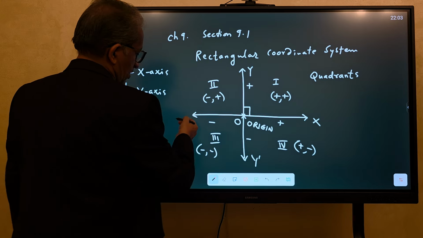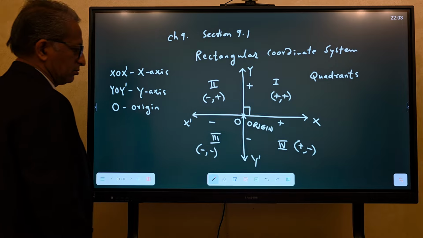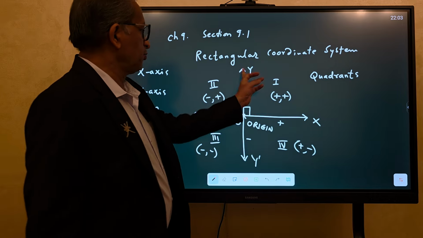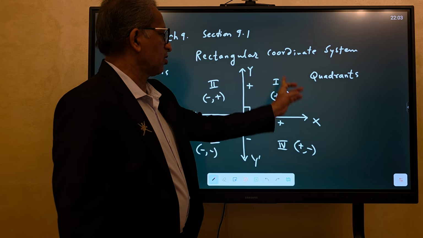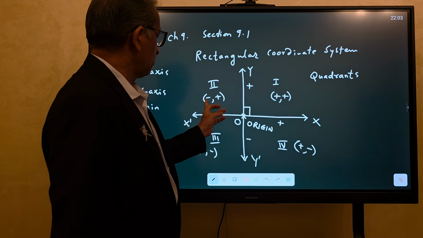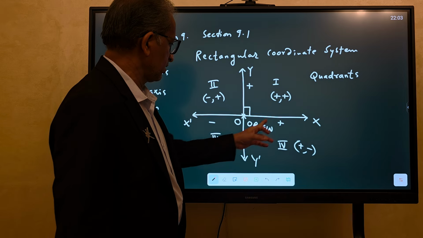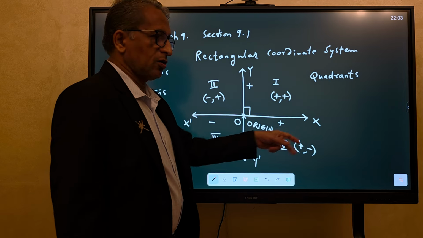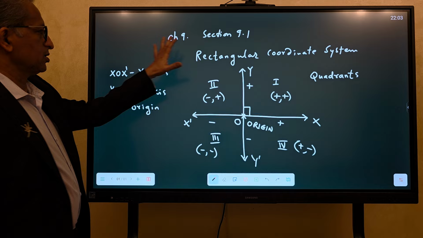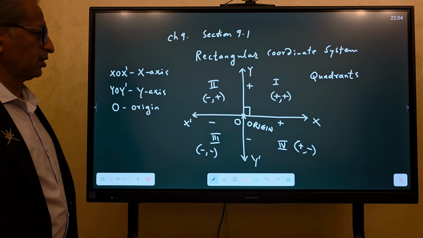OX is positive, OX dash is negative, OY is positive, OY dash is negative. So any point in a quadrant will give you plus plus, minus plus because of x first and then y, minus minus, and plus minus. Always remember, this is the rectangular coordinate system.